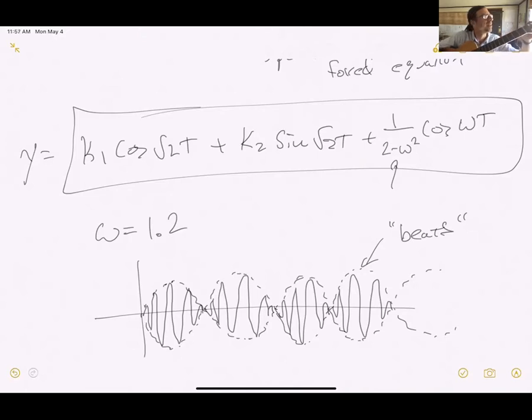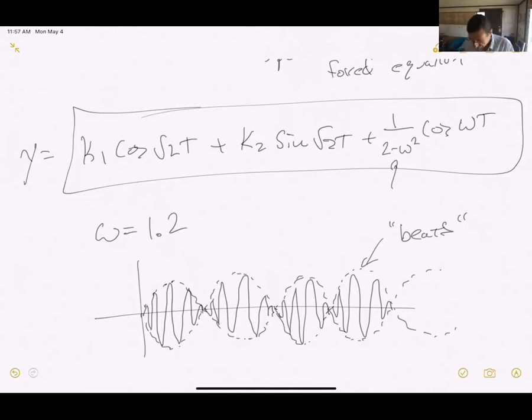The closer I get, this is how you tune a guitar by ear. You listen for those beats and keep tweaking the tension until the beats disappear. When the frequency is close, you can really hear this beating phenomenon.